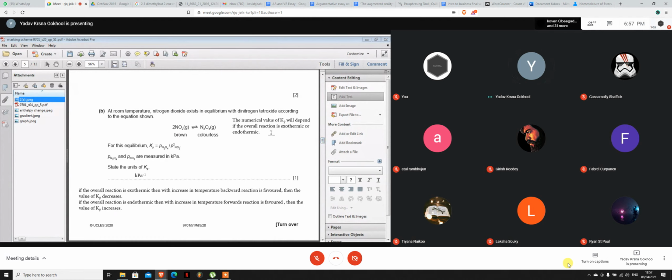The numerical value of Kp will depend on whether the overall reaction is exothermic or endothermic.